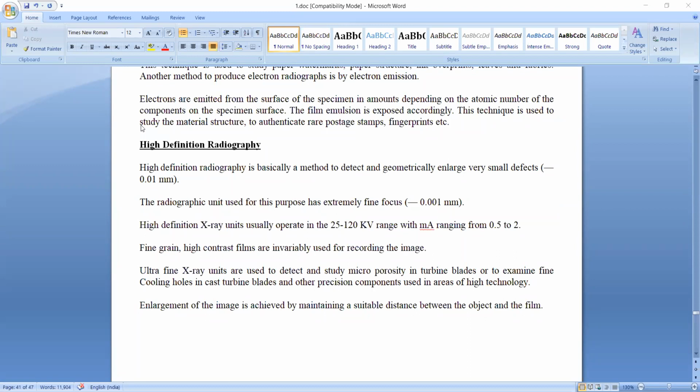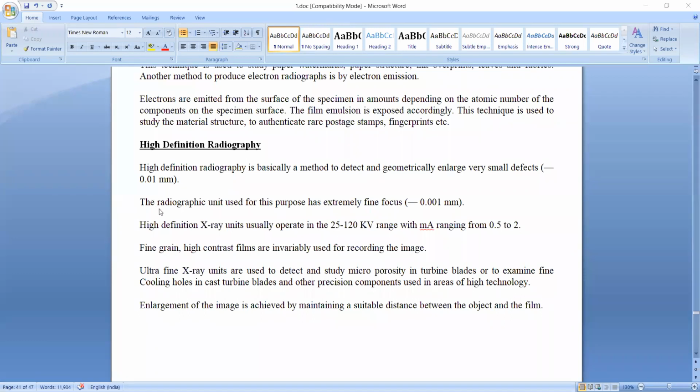One is we can find very small defects, and we can see those defects by magnifying them. It means geometrically we can enlarge those defects, and if you enlarge them, the observation is very easy. Magnification is possible. By using high definition radiography, we can find defects up to a size of 0.01 mm.